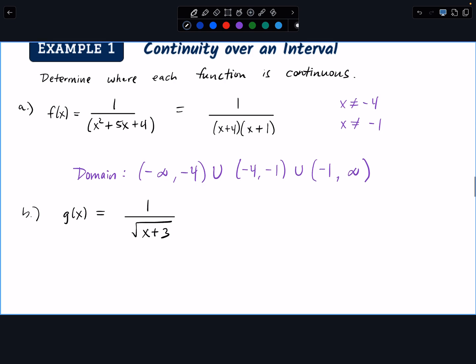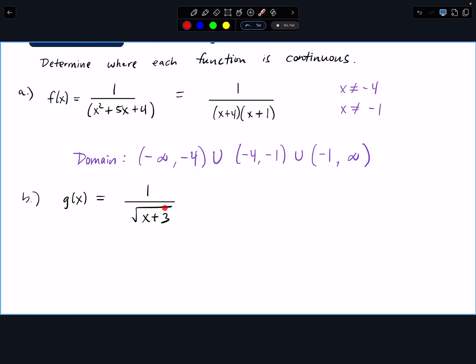So let's do the easy part first. What would make the inside of this 0? Negative 3. So right away, I'm going to say that x cannot equal negative 3. Now, the rule is we want this to be either positive or 0, right? Because you can take the square root of 0 and you can take the square root of positive numbers.